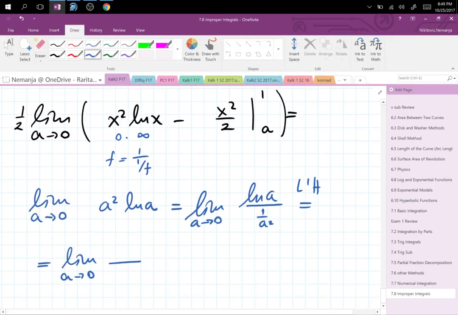The derivative is 1 over a, and the derivative down there is what? -2 over a cubed. All together, this becomes a squared. So the limit of a squared, I mean, there are other constants and things, but it will go to 0. So it is 0. So now back to the problem.